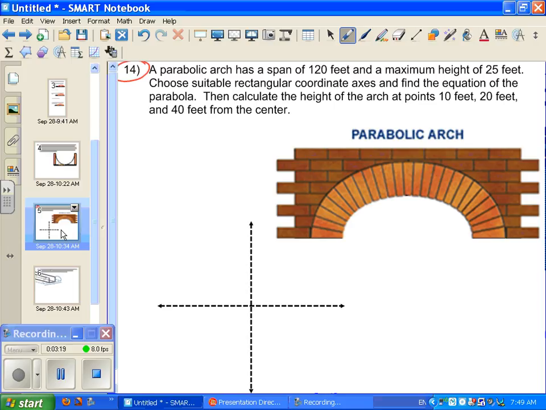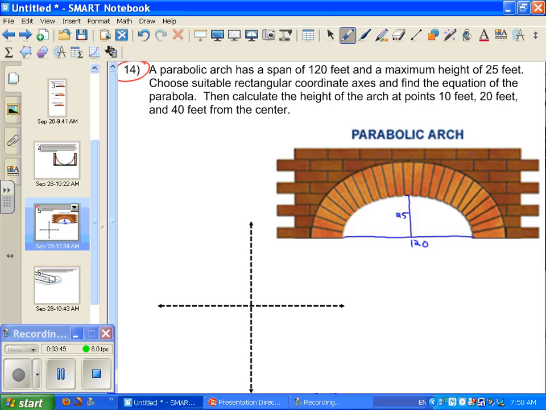So this one's a parabolic arch and it spans 120 feet, with a maximum height of 25 feet. Choose suitable rectangular coordinate axes, and then find the equation of the parabola, then calculate the height of the arch at points 10 feet, 20 feet, and 40 feet from the center.